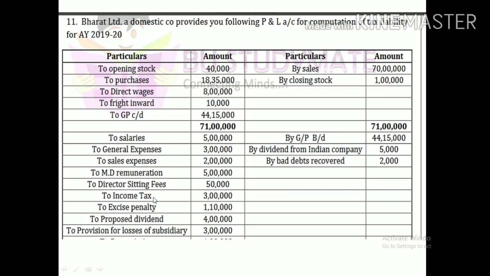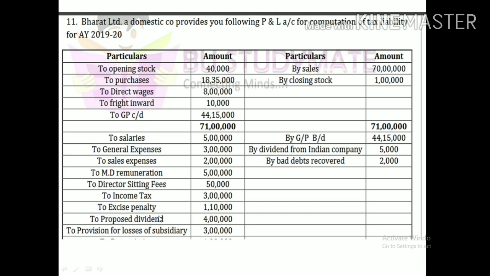Then income tax paid provision penalty, that should be called statutory additions, should be added back to the profit. How much? 3 lakh. This amount, the income tax amount 3 lakh, should be added back to the profit under MAT provision. Okay. The next one, excise penalty. Say excise penalty does not come under MAT provision.